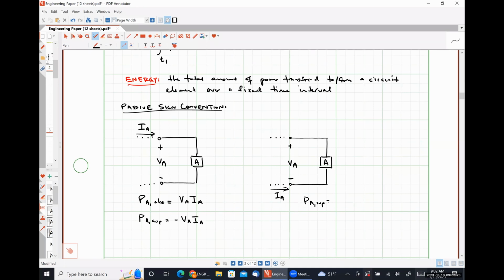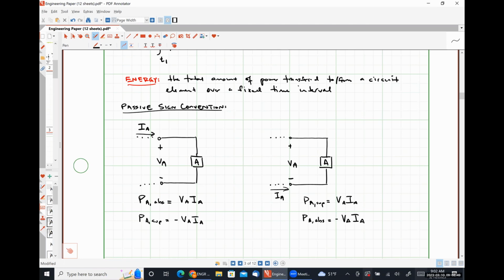My supplied power will now be VA times IA, and my absorbed power will be negative VA times IA. This is all the passive sign convention is. Doesn't have to be any harder than this, okay?